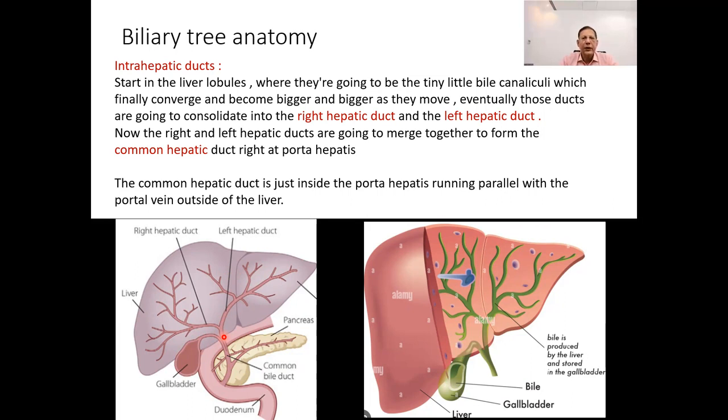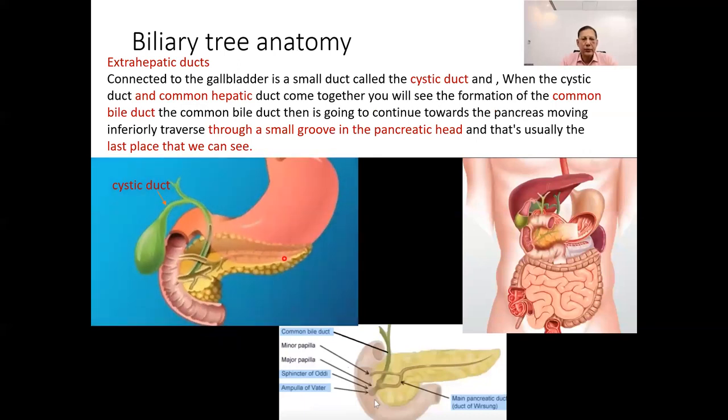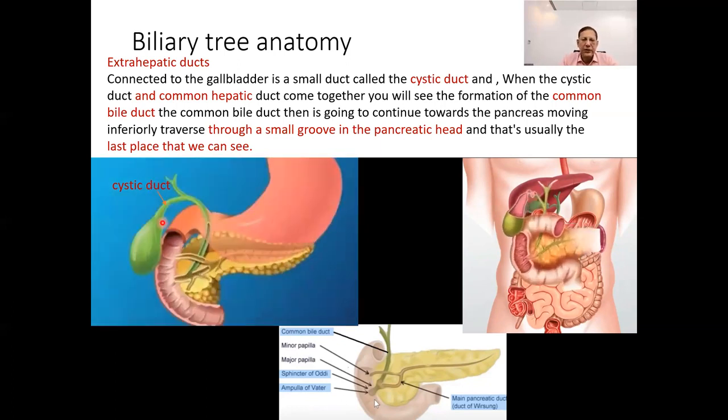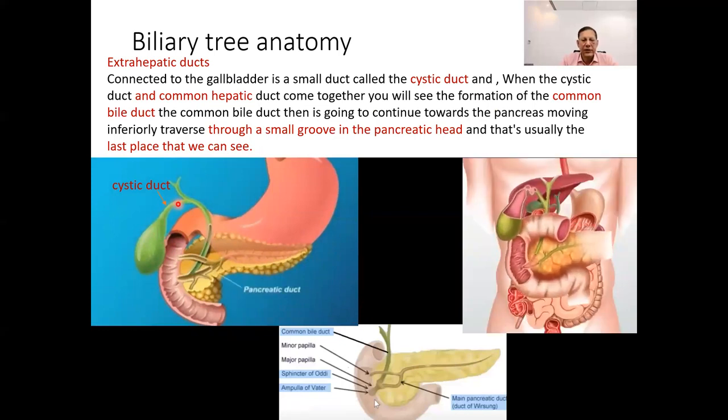Regarding the extrahepatic ducts, these include the ducts which are formed outside the liver. You can see here in this image an extrahepatic duct which is coming from the neck of the gallbladder.